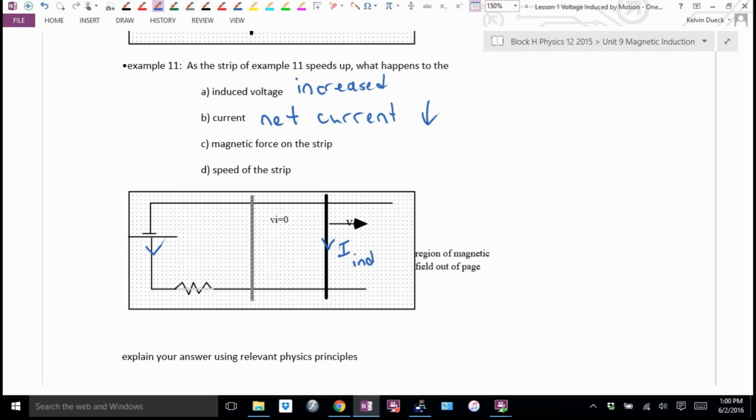What happens to the magnetic force? Well, if the magnetic force is BIL, what happens to the magnetic force if the net current goes down?